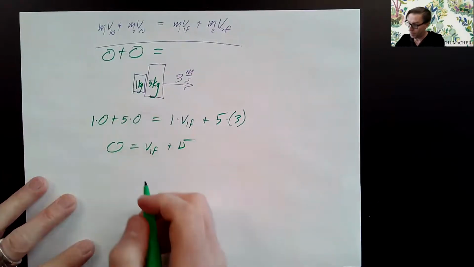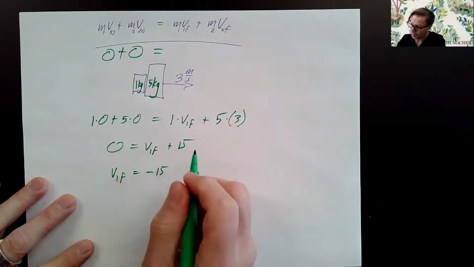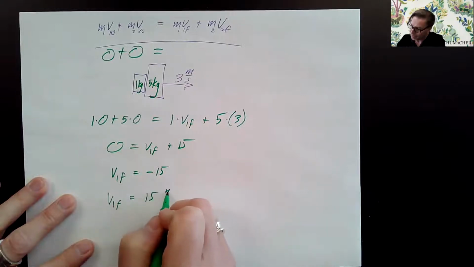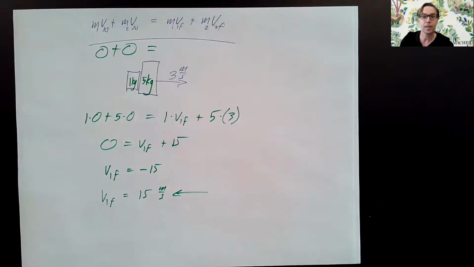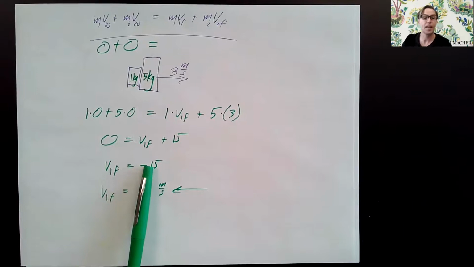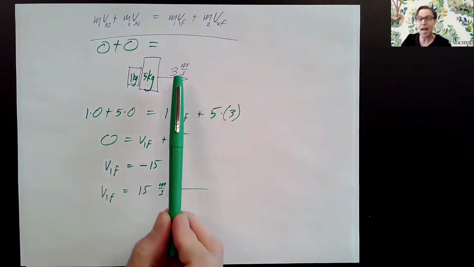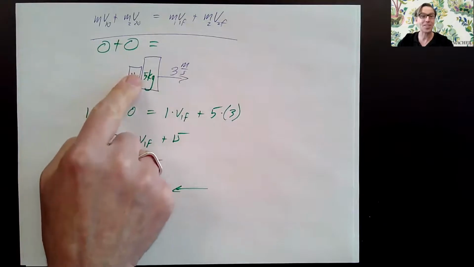And look, V1 final is equal to negative 15, which means V1 final equals 15 meters per second to the left. So this minus sign told us what we expected, that V1 at the end is traveling left. Did you predict that V1 would be traveling faster than 3? I hope you did. The little one goes faster.